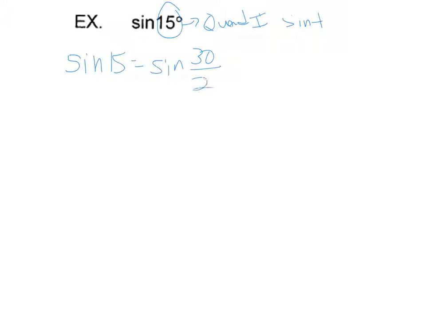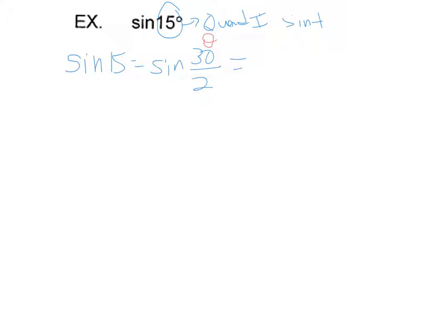Let's try the sine of 15 degrees. 15 degrees is in quadrant 1, and the sine in quadrant 1 is positive. So get that taken care of first thing. And now I need to double the 15, which is 30, and put it over 2. So everywhere in the formula I see a theta, we'll replace it with a 30.